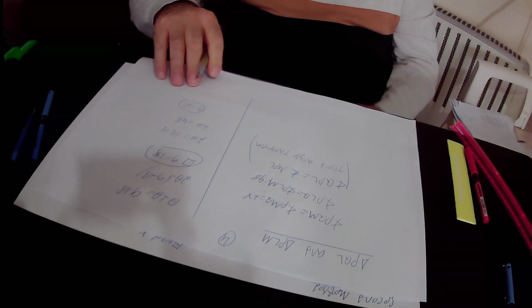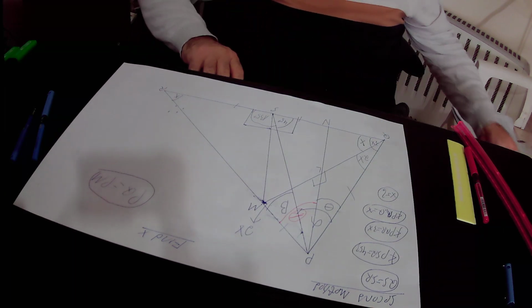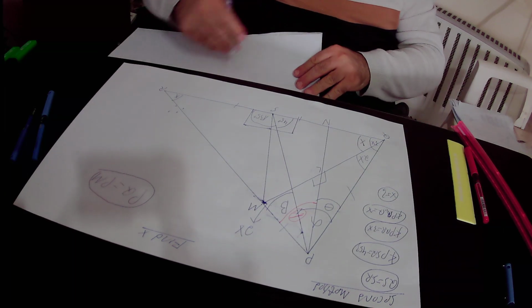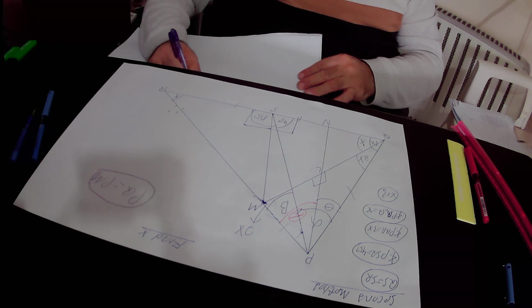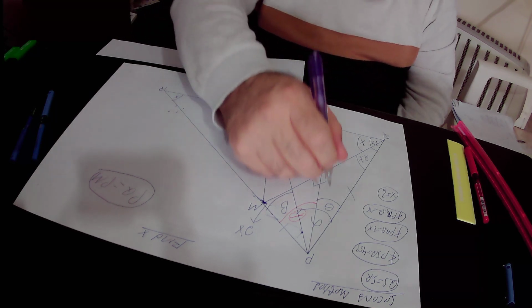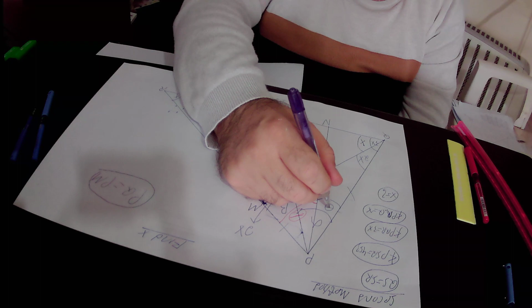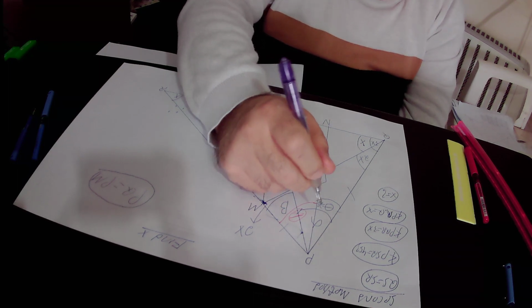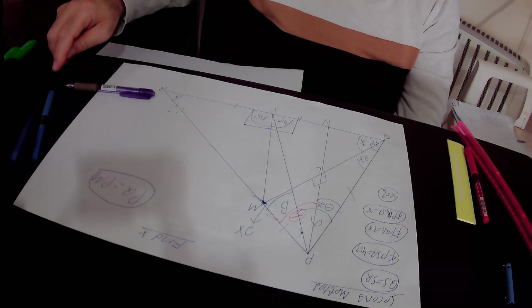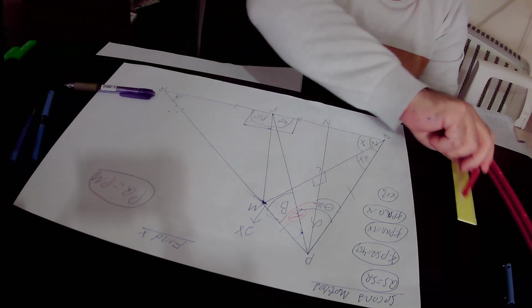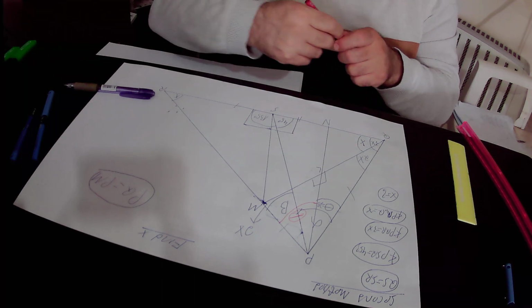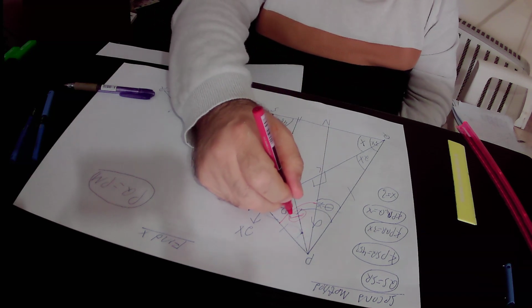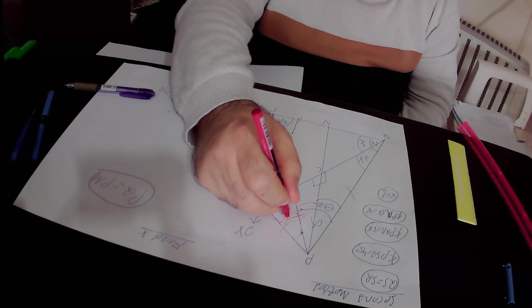So we found out that theta equals 2 beta. So this angle theta equals 2 beta, and this angle theta equals 2 beta.